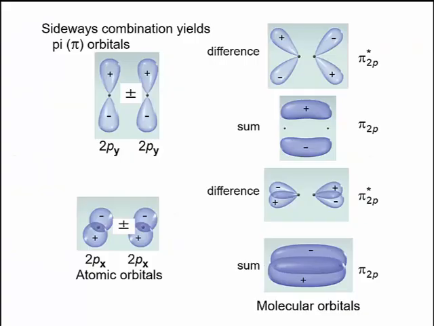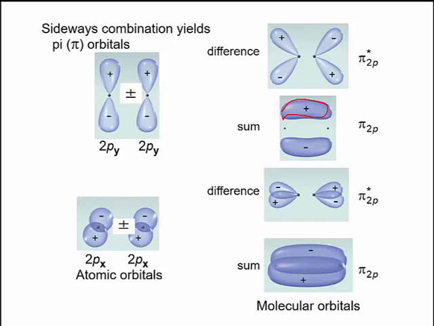In our sideways combination of our p orbitals, we're going to end up with our pi orbitals. So remember, we can do this end-to-end, or we can do it in parallel. If we're doing it in parallel, I'm going to take my p_y's and overlap them. If I add them up, I'm going to end up with a shape that looks like this, and that should look really familiar from your pi bonds.